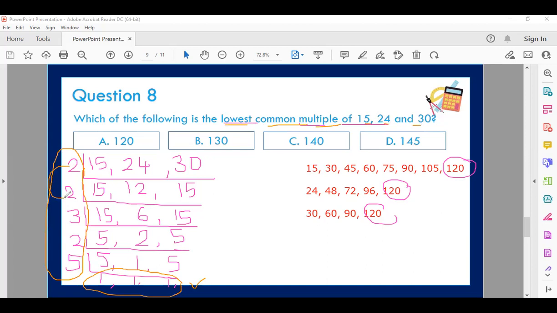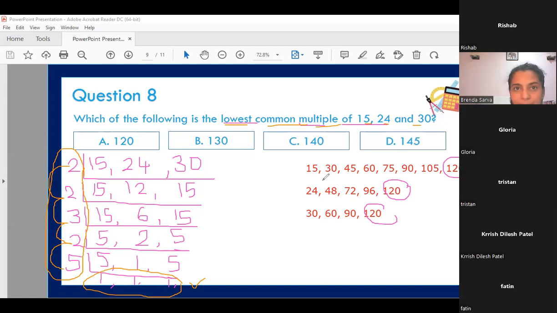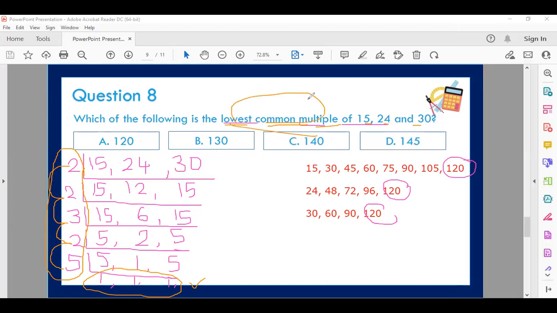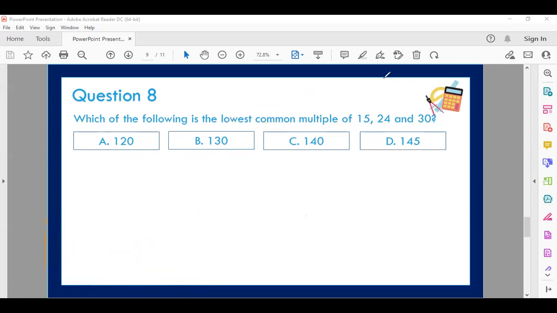So 2 times 2 is 4. 4 times 3 is 12. 12 times 2 is 24. And 24 times 5 is 120. Do you understand? Can I have a thumbs up? So there are two methods here for you to find the lowest common multiple. I think both are fine. You can use whichever you want. That's your wish.